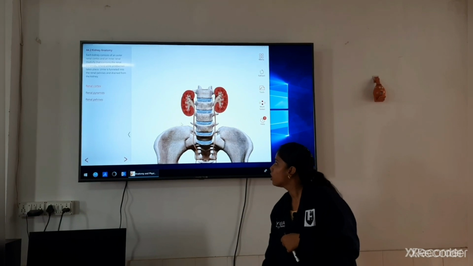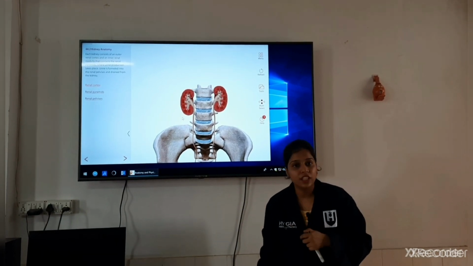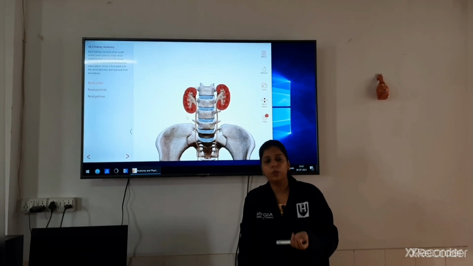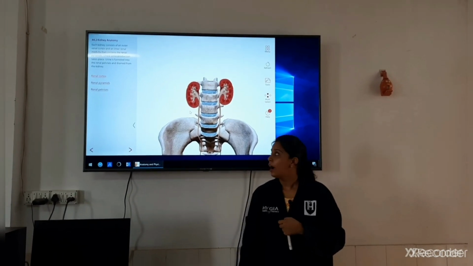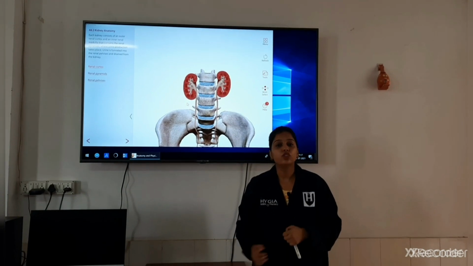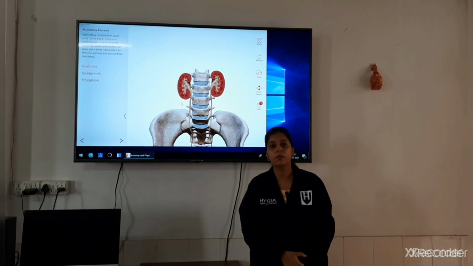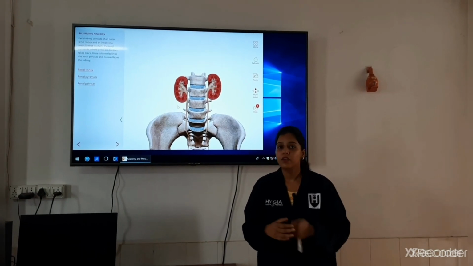So this was the internal as well as external anatomy of the kidney. And I have also told a few points regarding the nephron and the flow of urine. When we talk about the function of the kidney, there are a variety of functions to discuss. A few of them are regulation.